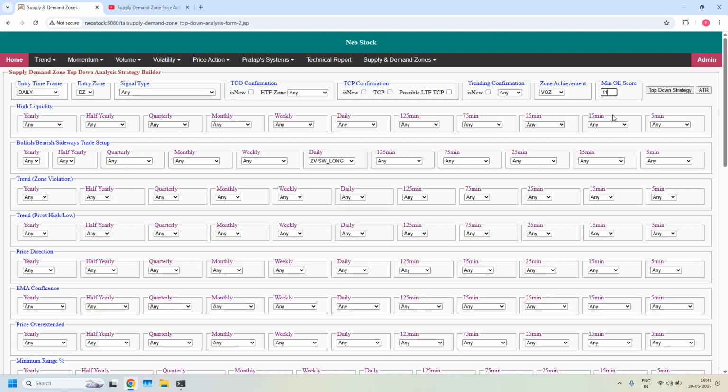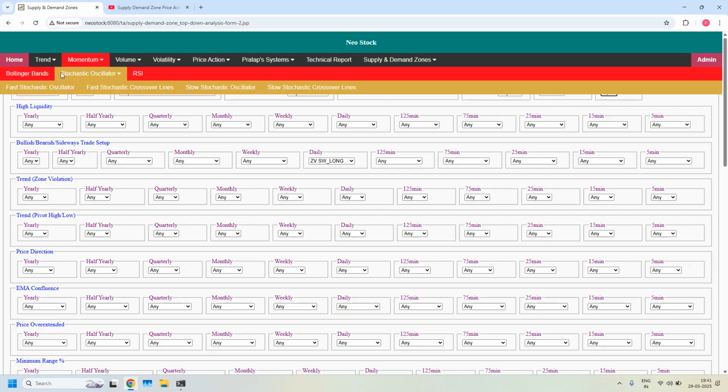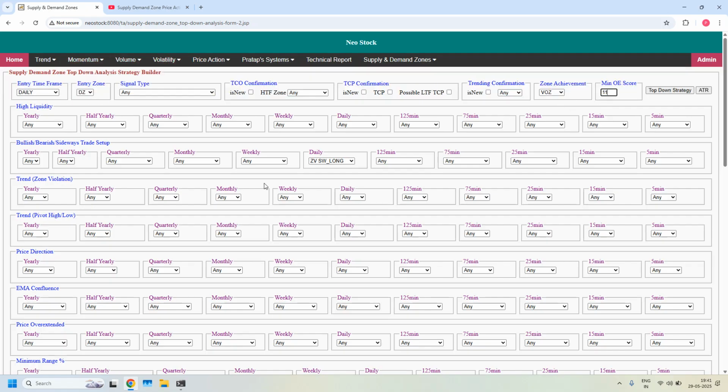And the third filter is that the demand zone should not be pierced, but for daily zones, I am generating pierced zones, because for any pierced zones, you can use pierced zone strategies. For that purpose, I am not filtering pierced zones for daily. Remaining time frames we will filter. So that's why only 2 filters I selected here, and both these filters, zone achievement and minimum odd enhancer score, will be applied to the daily demand zone.